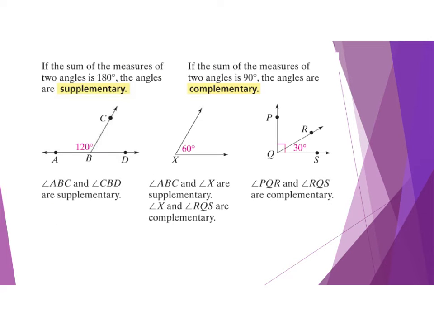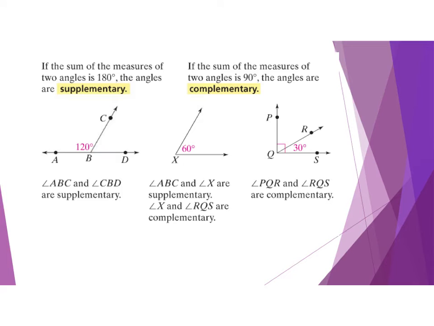We also have two other relationships that get used quite a bit. The first one says, if the sum of the measures of two angles is 180 degrees, then we say that these are supplementary. So if I can take two angles and add them together, and they equal 180, then these are supplementary angles.